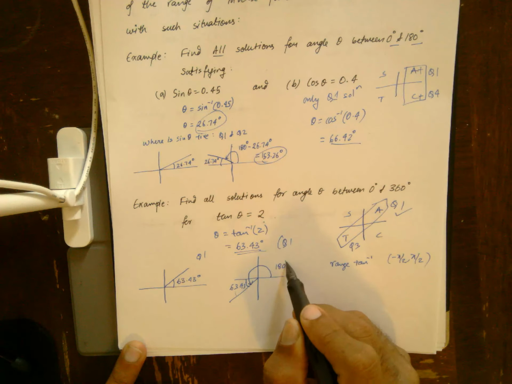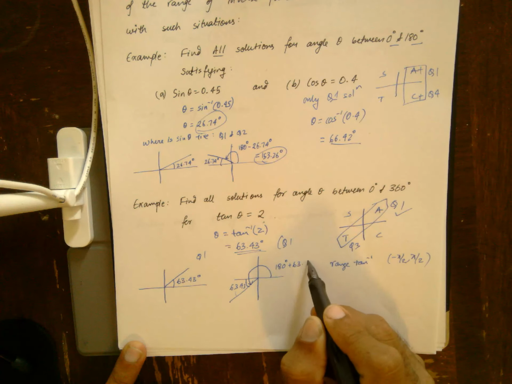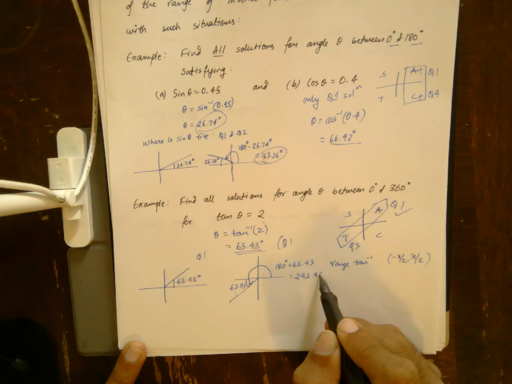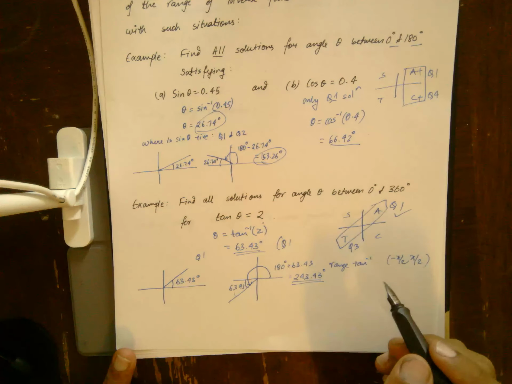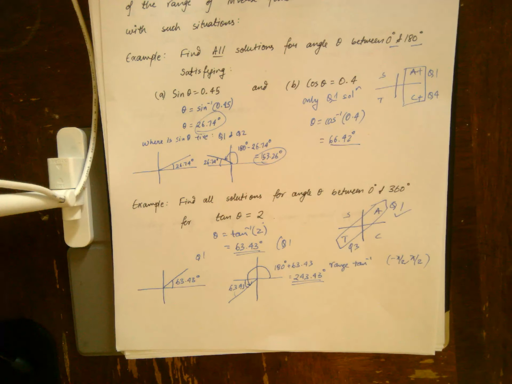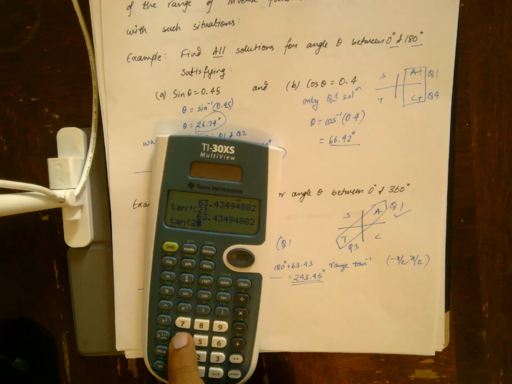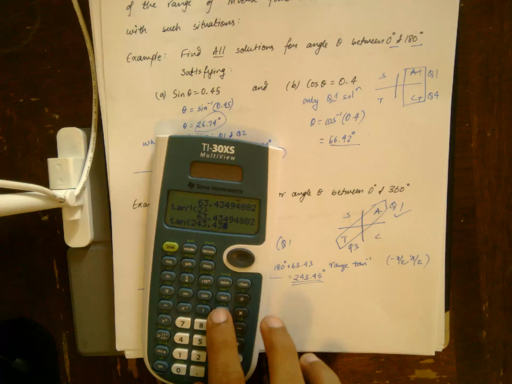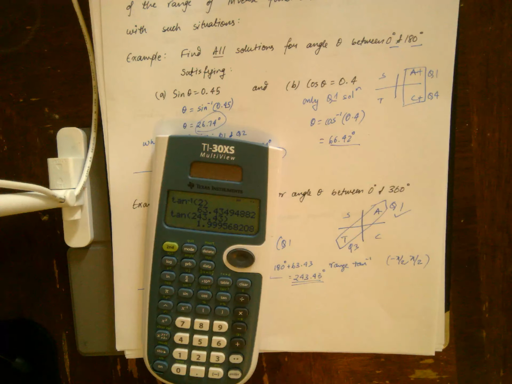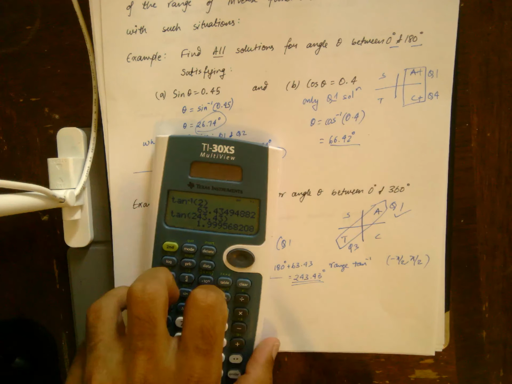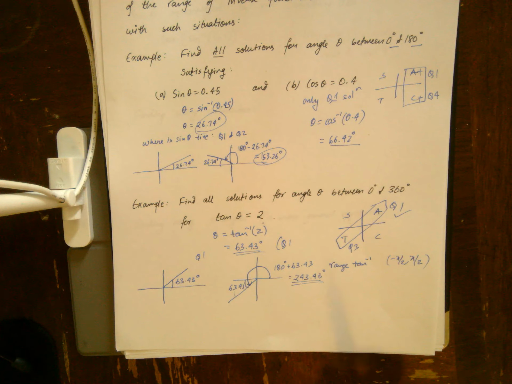So it's 180 degrees plus 63.43, which is 243.43 degrees. Then you can verify, for example, if this is correct, then tan 243.43 should be roughly 2. So it's 1.9995, and that comes out because we approximated this first angle right here.